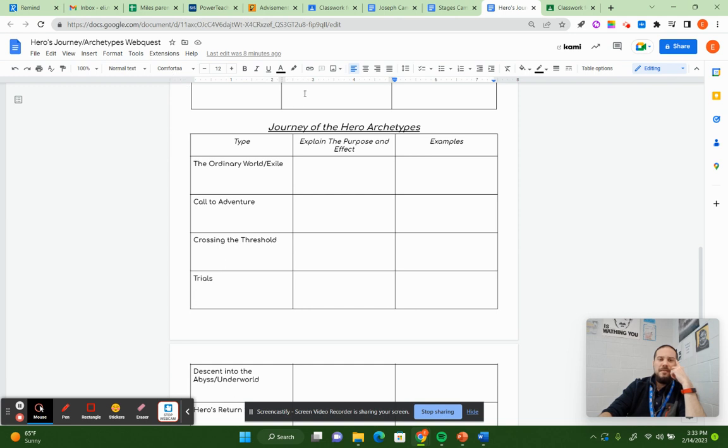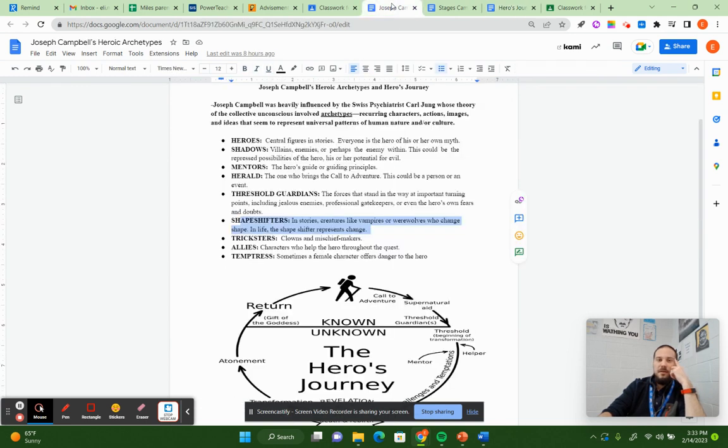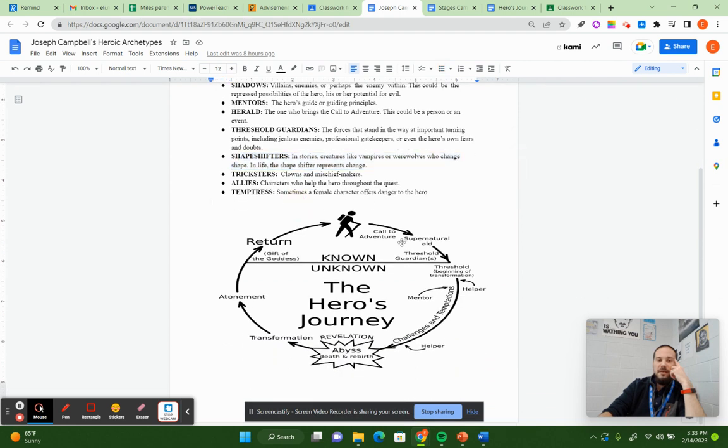Once you finish all the archetypes on that section, you're going to do the same thing with the hero's journey. This sheet gives you a little illustration of the hero's journey, basically the plot structure of what it looks like. A lot of times we picture plot structure as like the shark fin or the roller coaster, kind of like a triangle.